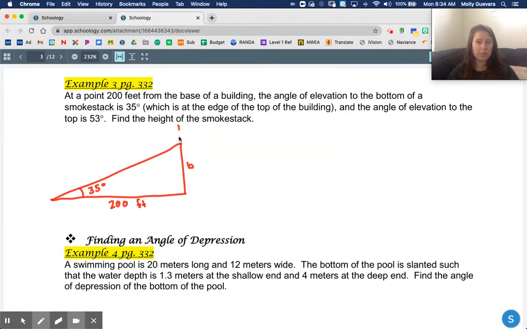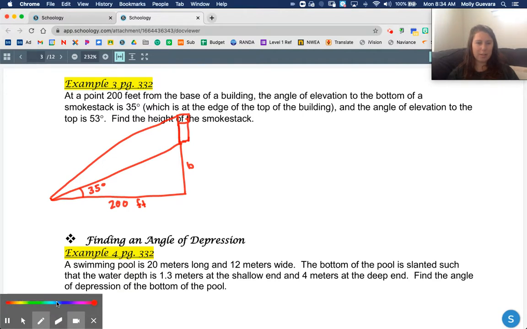So here's the smokestack here. And the angle of elevation to the top of the smokestack, oh gosh, that was not a straight line, was it? Okay, well, there's the top of the smokestack, is 53 degrees.